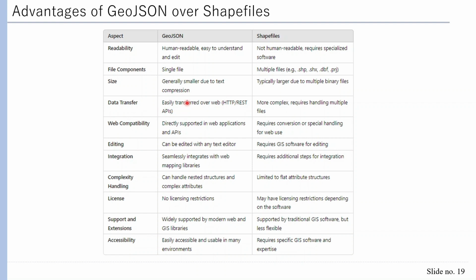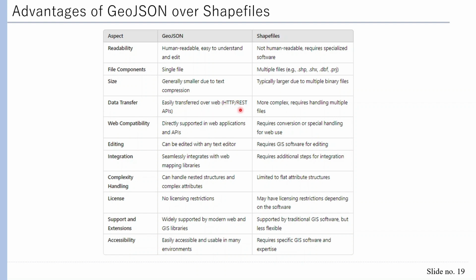And for data transfer, GeoJSON can be easily transferred over any web protocol like HTTP or REST APIs. It works for any type of web interface.